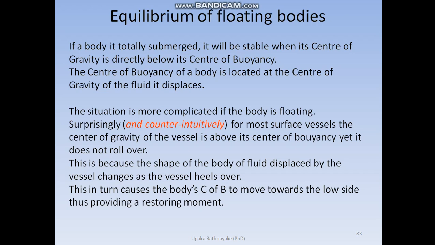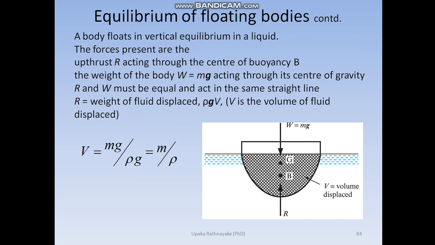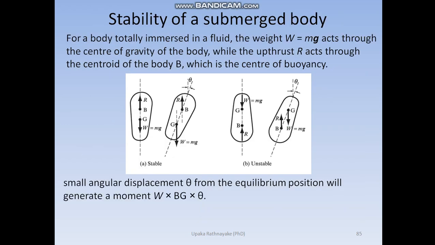Now we are going to find the limits for these three states. When the object is fully submerged, the limitations are governed by the center of gravity and center of buoyancy. Let us give a clockwise tilt to the fully submerged object.